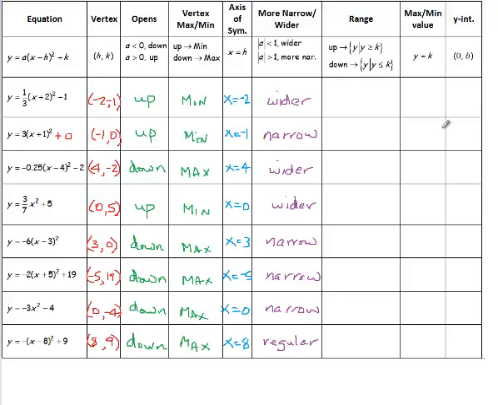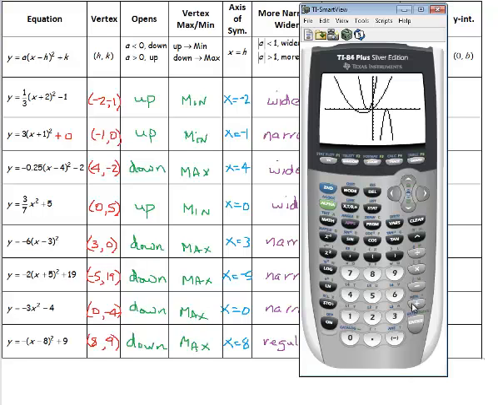Now, if we got a maximum or minimum point, I'll bring up the quadratic again just to look at the first one. So I'll go back and delete the other two. So let me just clear this one and clear this one, and look at that graph again. So that's the very first one, 1/3 outside of x plus 2 all squared minus 1.